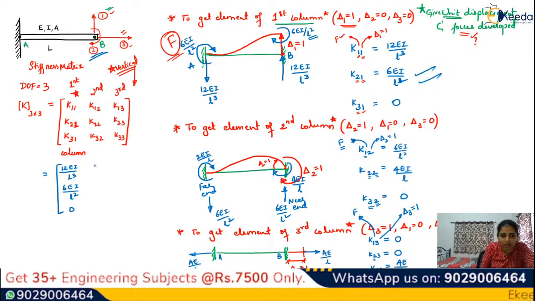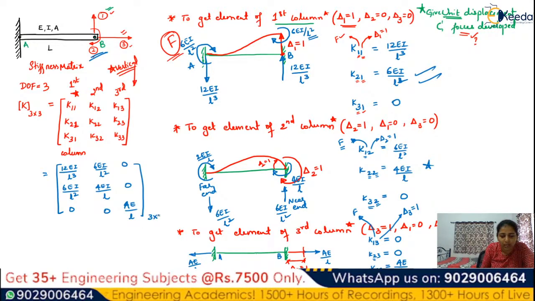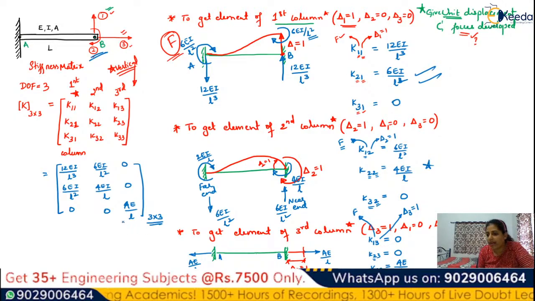Coming to the next column, see here for this column, second column, 6EI by L square, 4EI by L and 0. And lastly 0, 0 and AE by L. So this is the 3 into 3 stiffness matrix which you have developed.